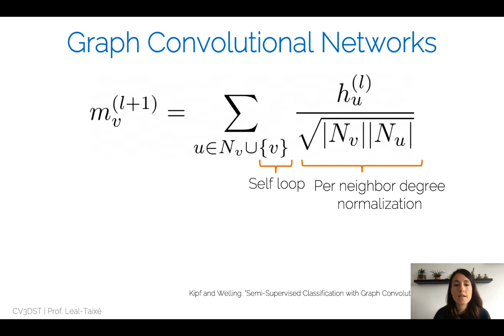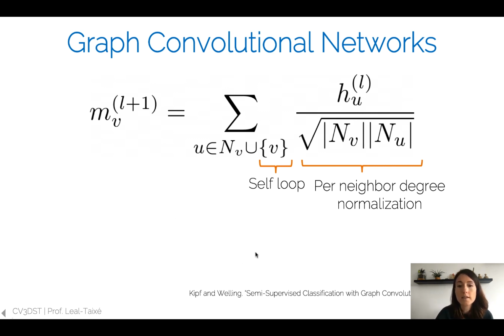So what we're doing right now is we're looking again at node V. We're looking at the neighbors of node V, which are U, but we're also looking at the node itself. So before, what we did was, when we created the message, we ignored the embedding of the node itself. We said the message will just contain information of the neighbors, and then I will put it together with my embedding later on. So what we do in graph convolutional networks is we also take into account the node itself.